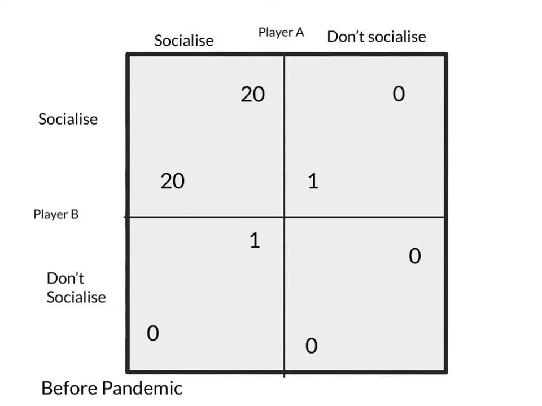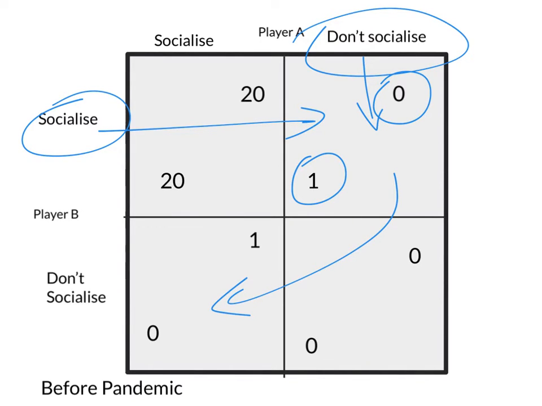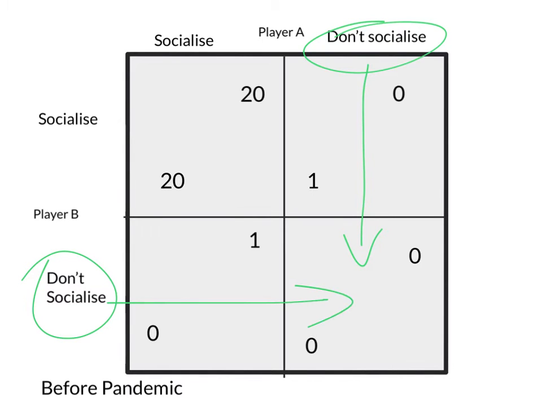The way I've drawn it here, it's symmetric, so if B chooses to socialise and A chooses not to socialise, well now A gets a payoff of 0 and B gets a payoff of 1, just the mirror image of that box down here. And finally, if they both choose not to socialise, we're in the right-hand column because A is not socialising, we're in the bottom row because B isn't socialising, and so they both get a payoff of 0.